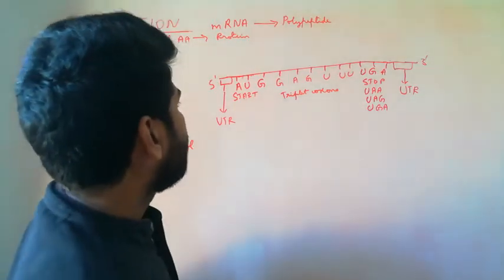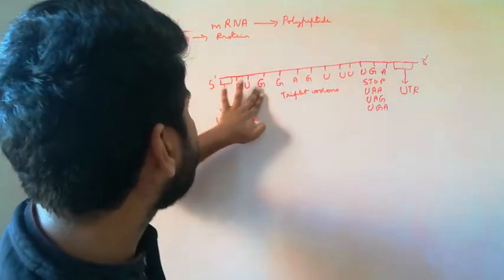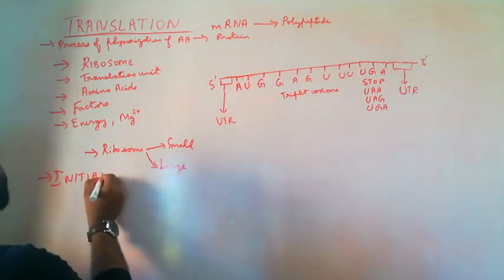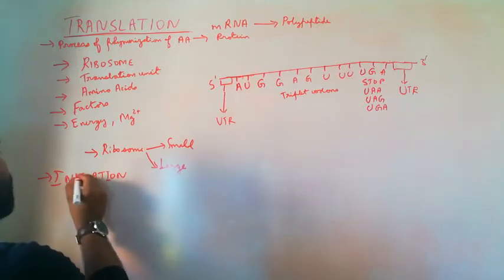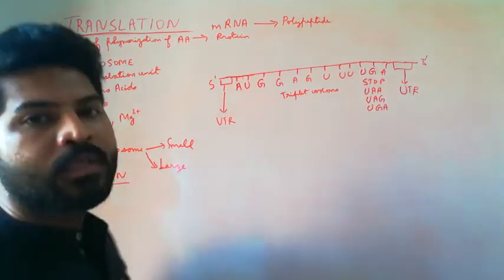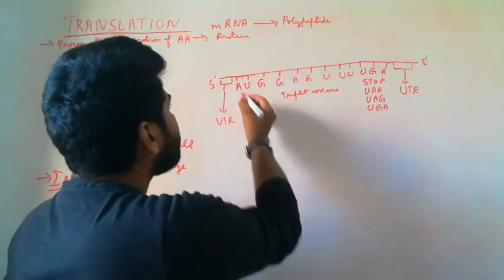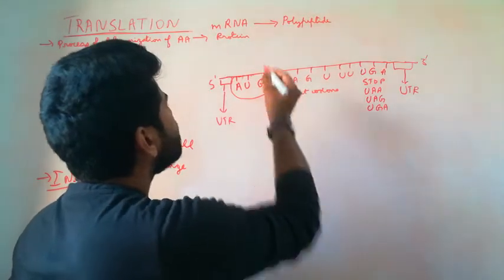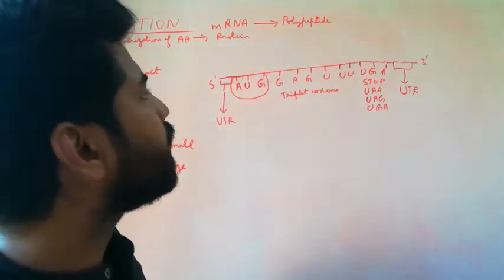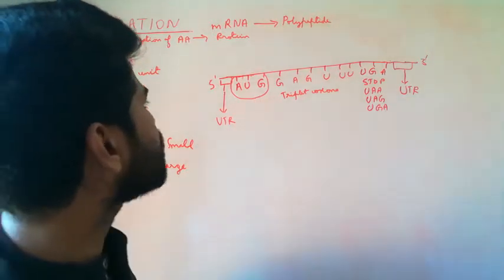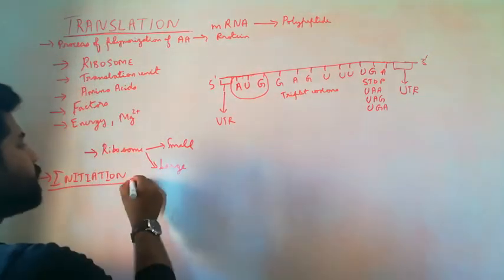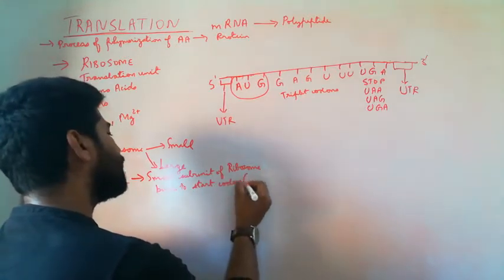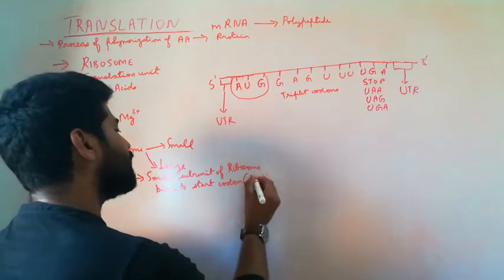So the first step, the initiation step, begins with the smaller subunit of the ribosome coming and binding to the start codon on the mRNA, that is AUG.